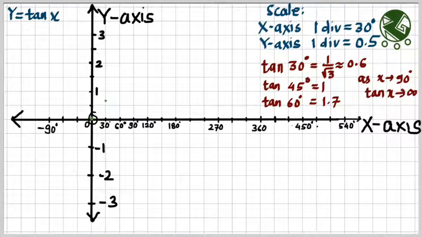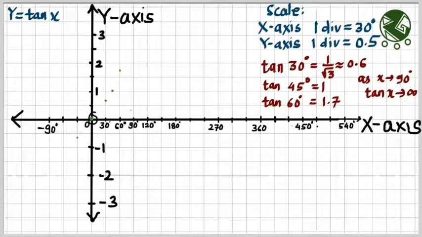And as x tends to 90 degrees, tan x is going to infinity. So at 30 degrees we have 0.6, at 45 degrees we have 1, at 60 degrees we have 1.7, and as x goes towards 90 degrees, the value of tan x goes towards infinity.